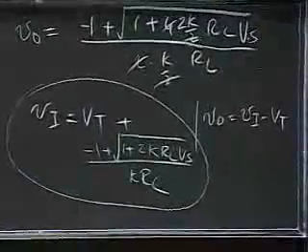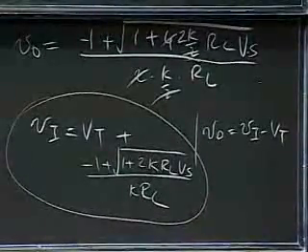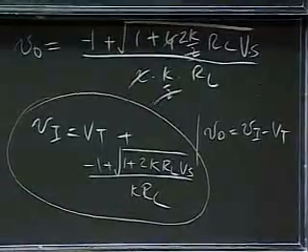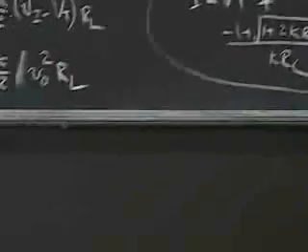So that point, Vi being Vt plus something, is simply the second dot on the x-axis. So therefore, I'm pretty much done.